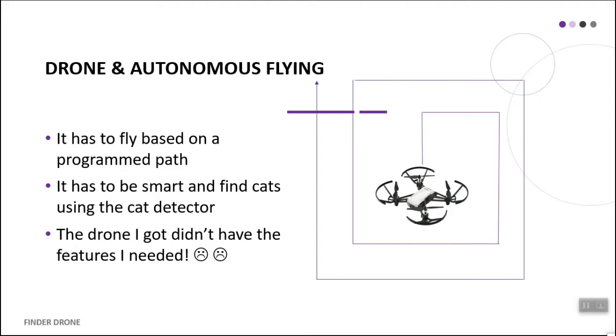For the drone and autonomous flying, the drone has to fly based on a programmed path. It could be a spiral or scanning sequentially, but of course it also has to be smart to find cats using the cat detector, and later also the cat classifier. So it has to be a smart autonomous drone.